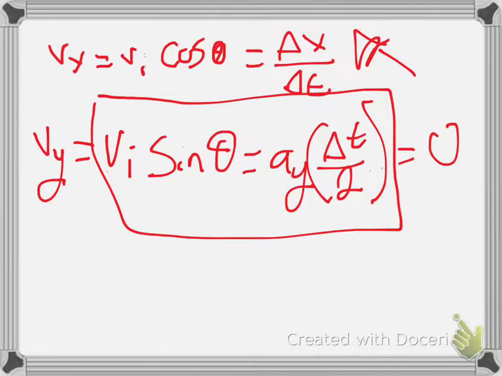If we sub that equation in for the t spot that's here, we wind up with velocity initial sine of theta equal to acceleration.